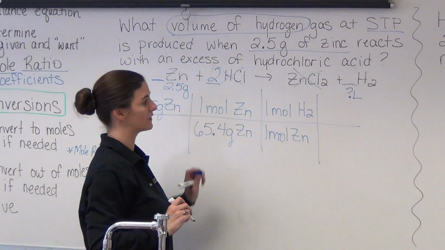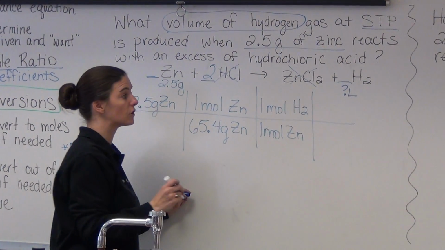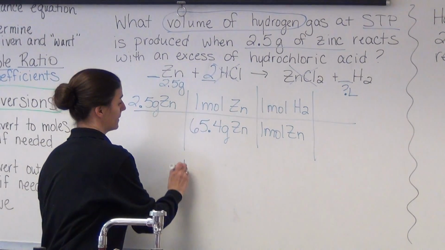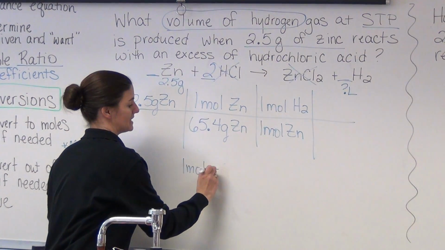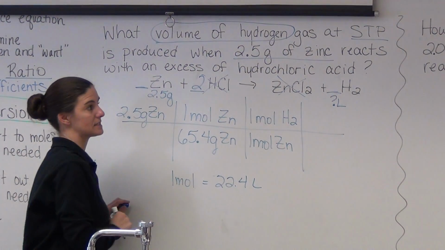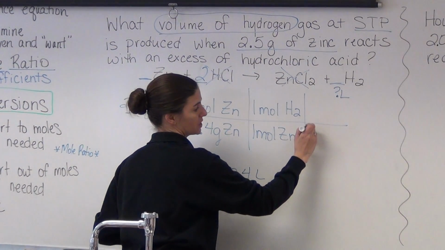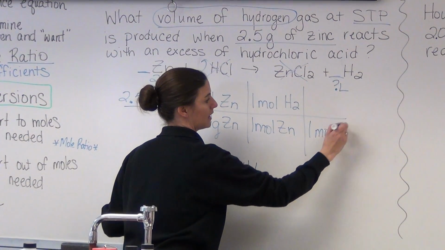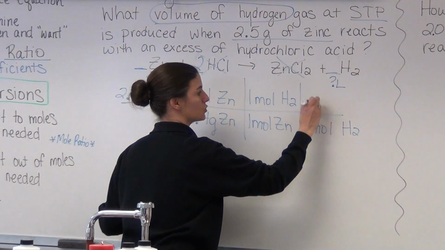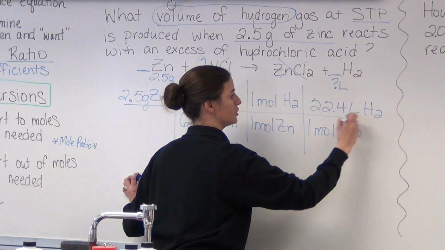Now that we're at moles, we've got to get from moles to liters. We know the conversion factor is that 1 mole is equal to 22.4 liters at STP. And in this case, we're at STP. So we can just put 1 mole H2 is 22.4 liters of H2.